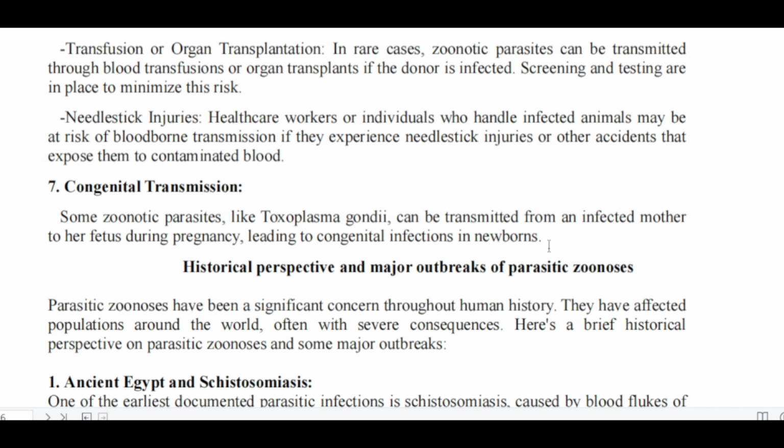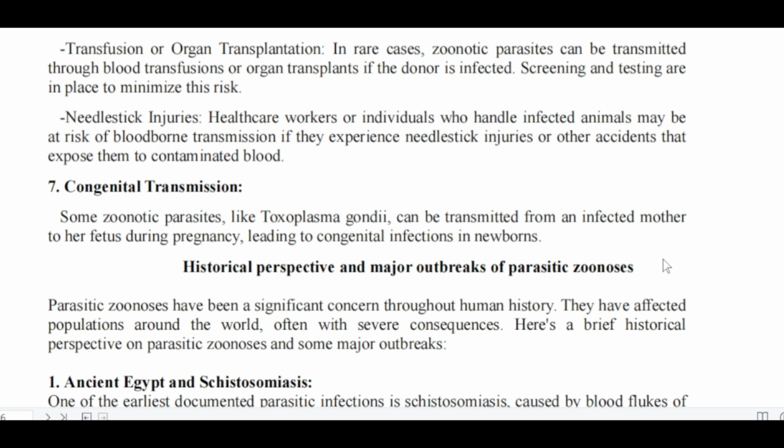And aside from that, even malaria can be transferred to an unborn child through the placenta. Sometimes even syphilis can be transmitted to a newborn child through the mother, that is congenital infections.